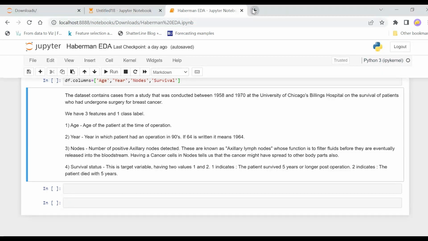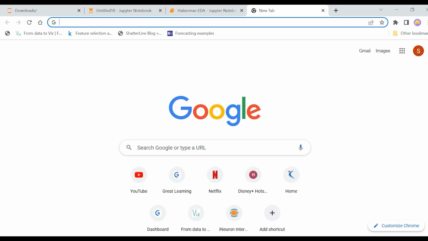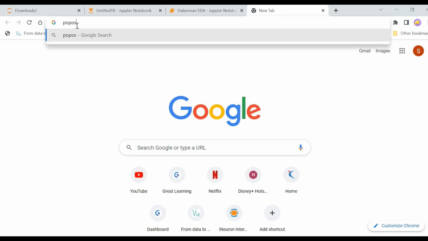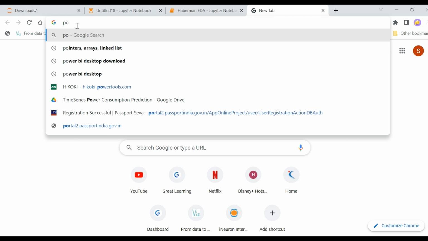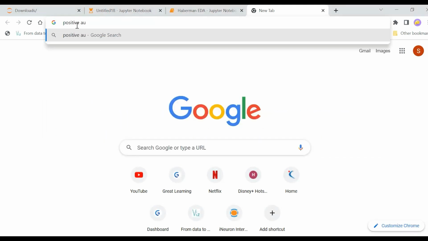You can also search here if you want. Yeah, one second, there was some lag. So, positive axillary lymph nodes.